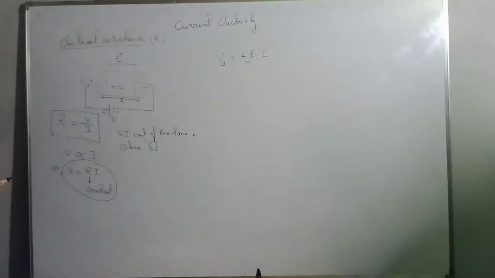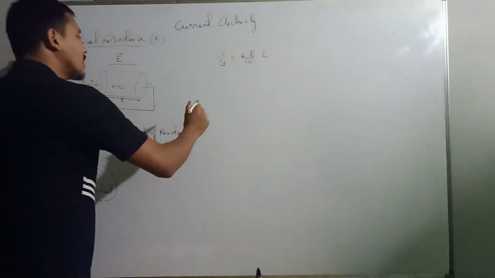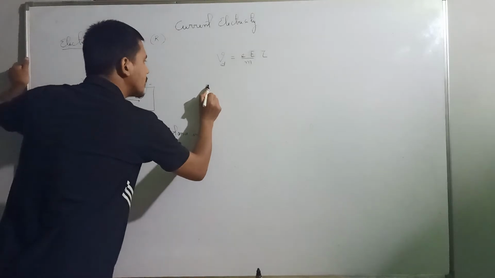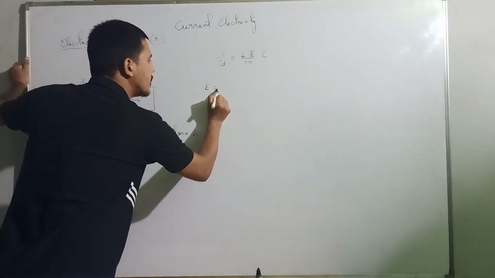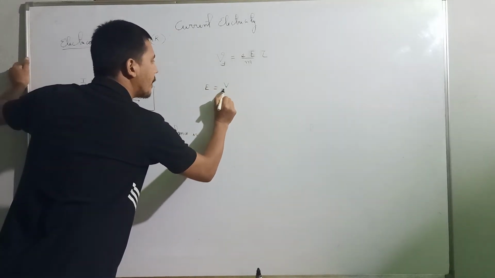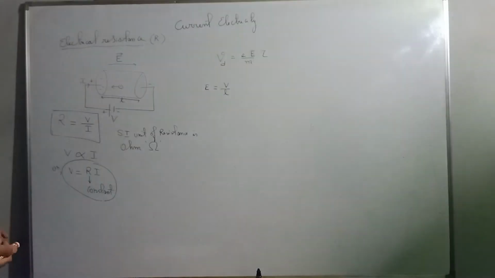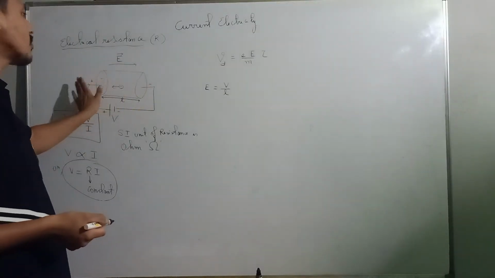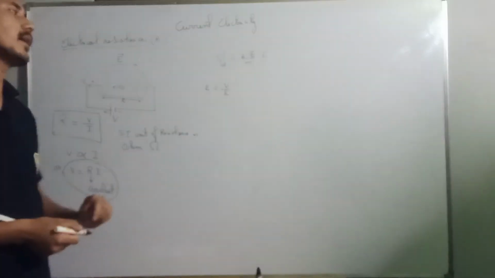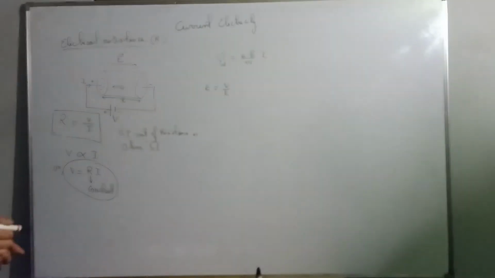That electric field E is given by V upon L, where V is the potential across the two ends of the conductor and L is the length of the conductor.